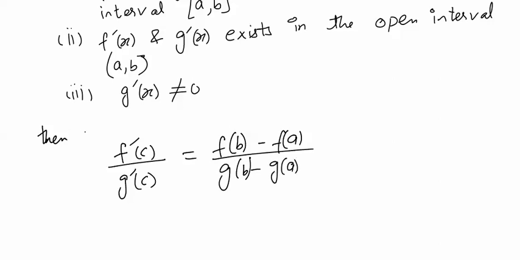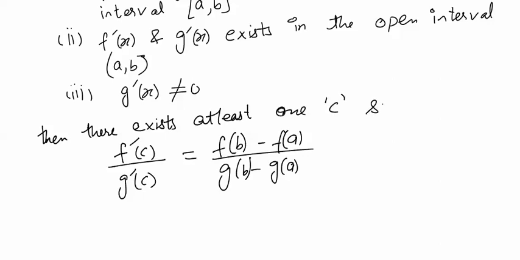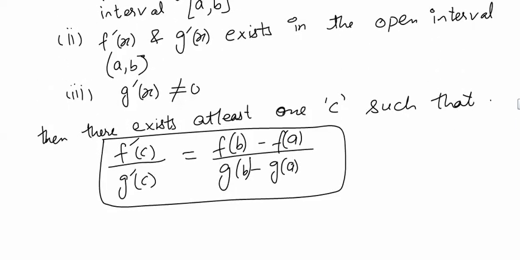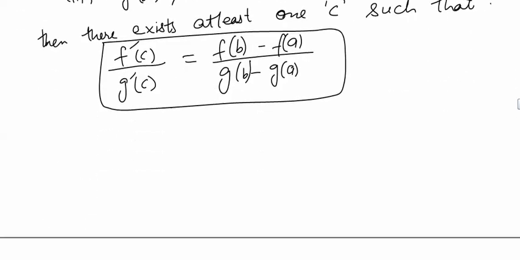You can say then there exists at least one c such that this condition will get satisfied. Now it is very easy to understand what is happening here. We have talked about Cauchy. Basically, this is a corollary of the above two theorems which we discussed.